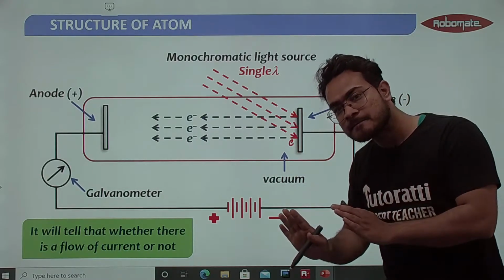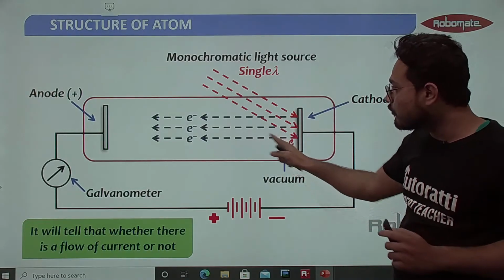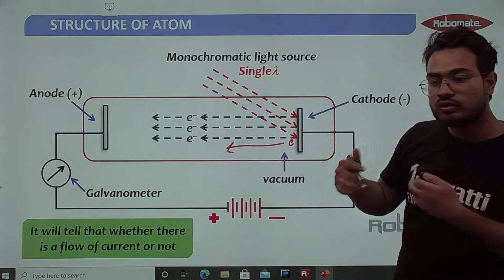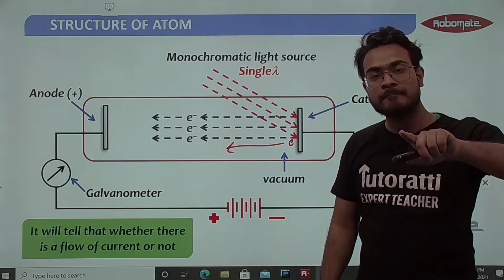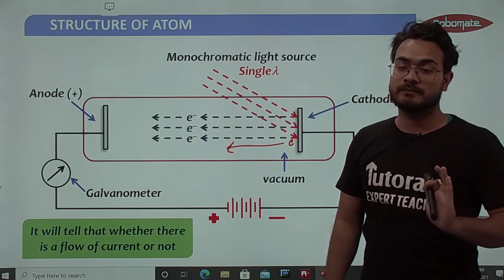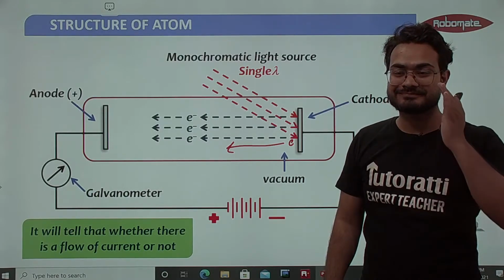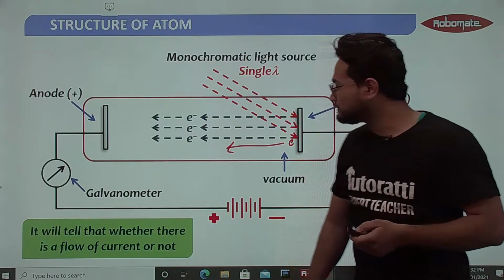In normal case, the electron will go back inside, but in this case you are providing an electric field, so there is someone which can attract the electron. So the electron will go towards anode if you are providing energy equal to work function itself. Okay? I hope I have answered your question.